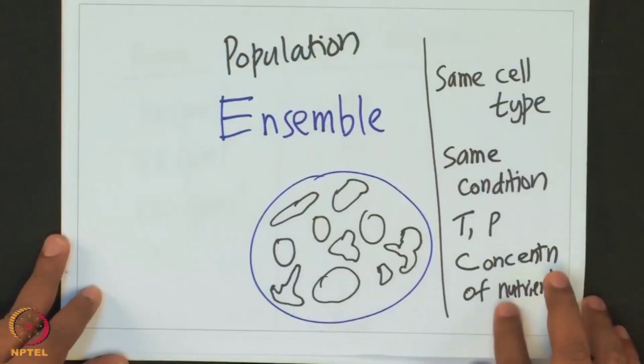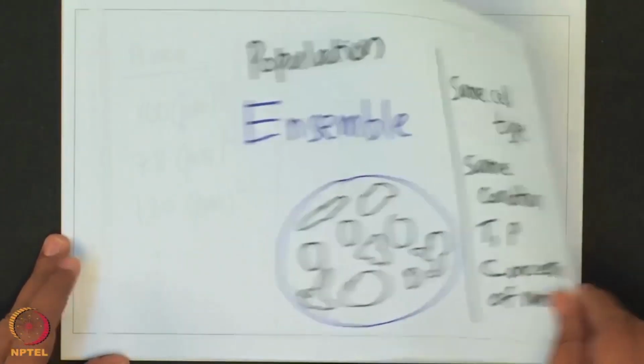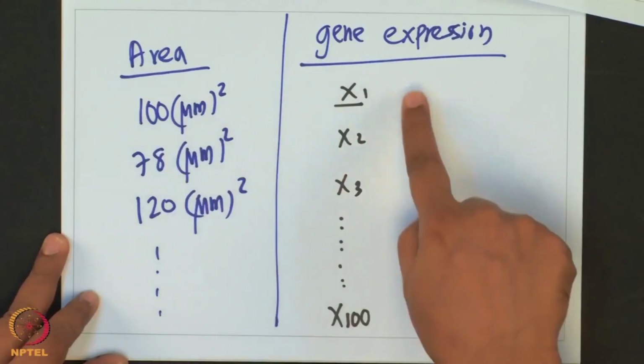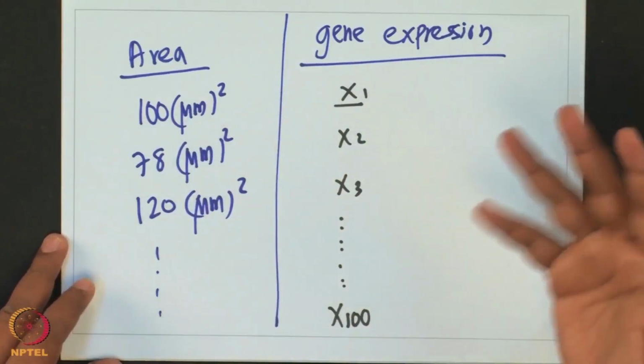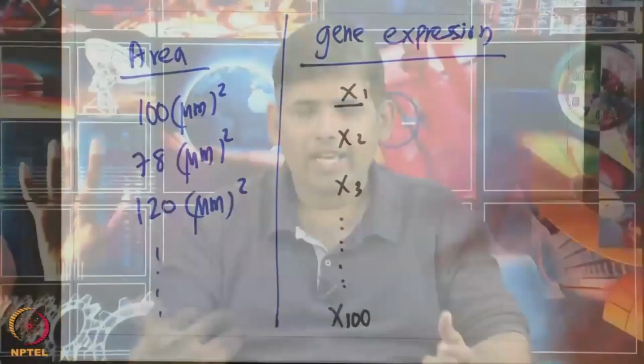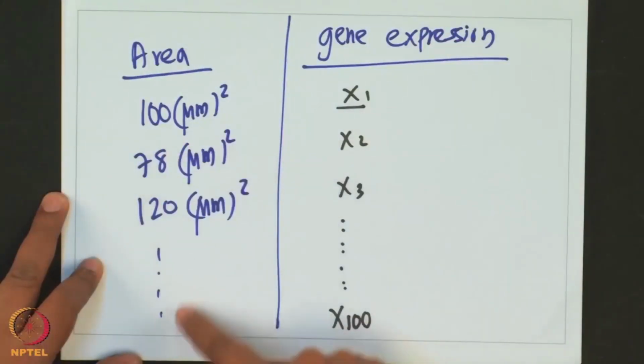But let us think of a population first, and we will come to measurement as a function of time later. For a population of cells or individuals, you would measure size, gene expression, blood pressure, vitamin D level or hemoglobin count. Any quantity you measure in a population gives many numbers.